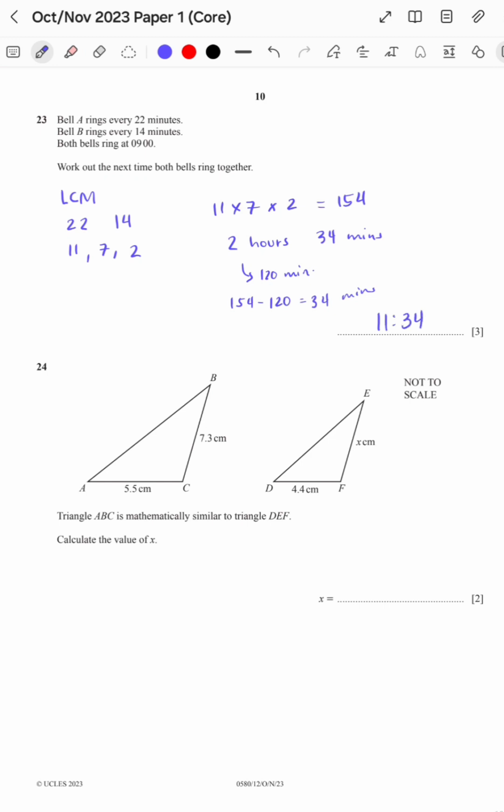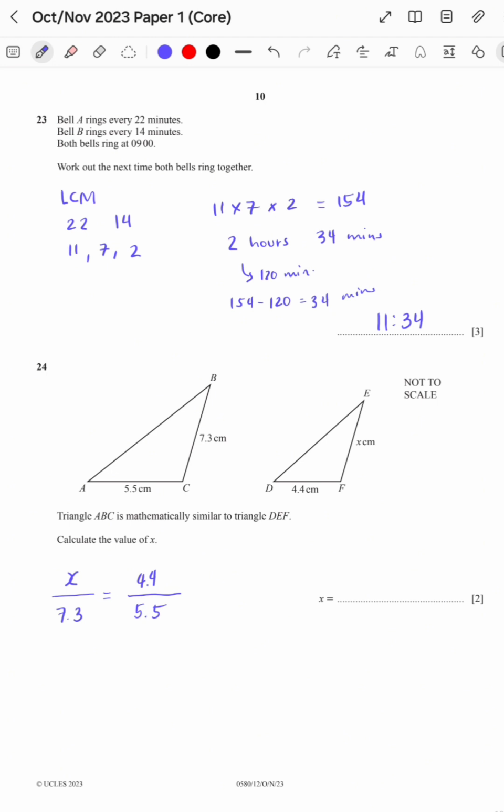Next, question number 24, similarity. Triangle ABC is mathematically similar to triangle DEF. Calculate the value of x. Let's use x all over 7.3 centimeters is equal to 4.4 all over 5.5.